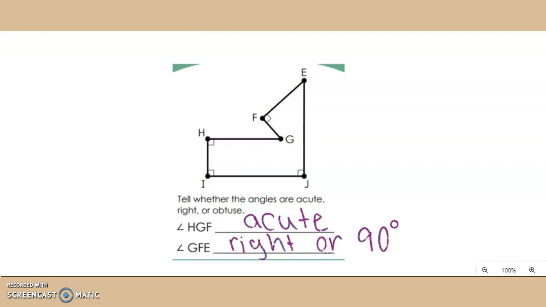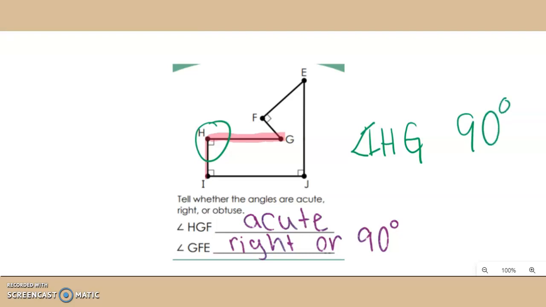I'm looking at I to H, and then from H to G. So the angle of I, H, G. Again, I see this little square, and I'm like, oh, at the corner where they meet, I meets H, H goes to G, that is going to be a 90-degree angle as well. Okay? Erase that.